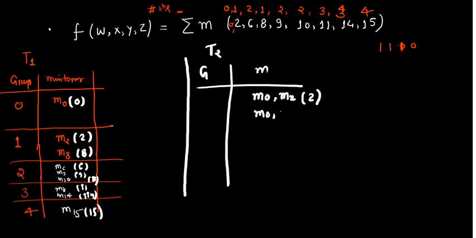m0 with m8. So here the dot will be at the second place, or 2 to the first place, and here the dot will be in the 8th position. The main aim of the third column is that you should be able to identify the variable.